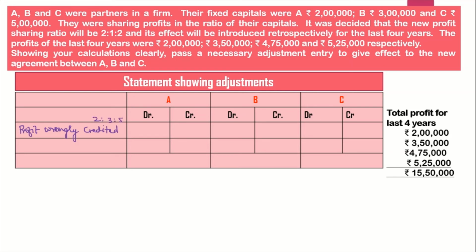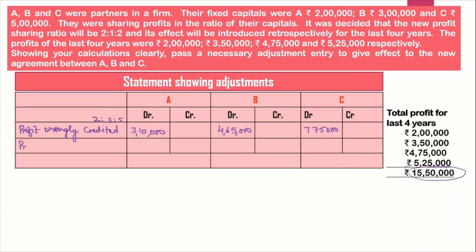So 2 is to 3 is to 5 was the wrong ratio in which we divided 15 lakh 50,000. So we are going to debit this amount here. In this ratio that comes to 3 lakh 10,000, 4 lakh 65,000, and 7 lakh 75,000. So this total is distributed in 2 is to 3 is to 5 ratio.